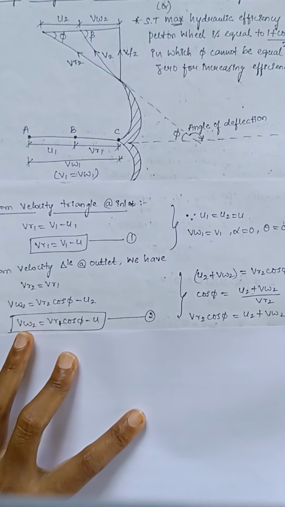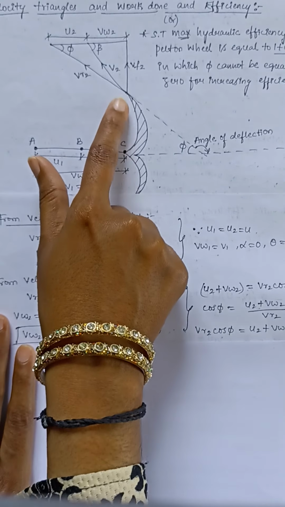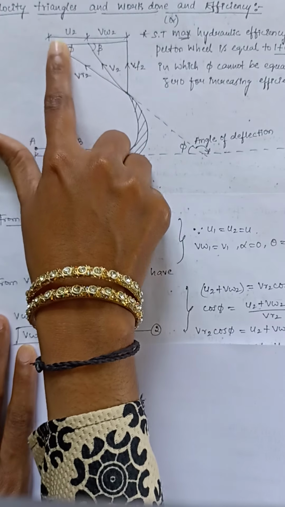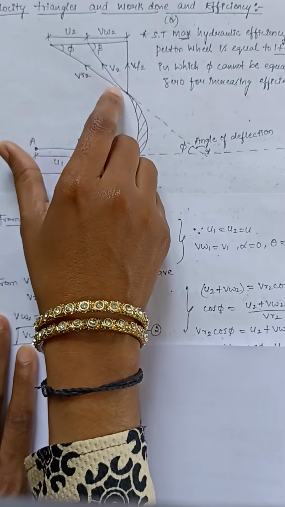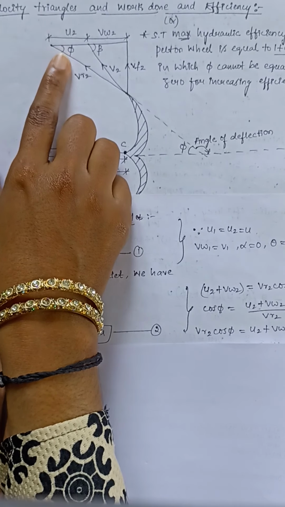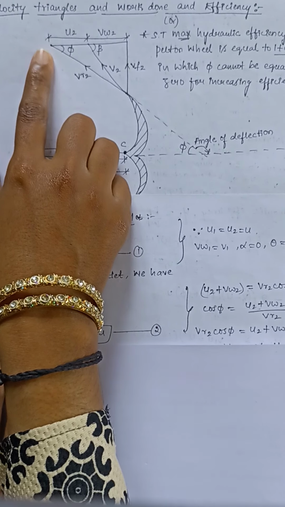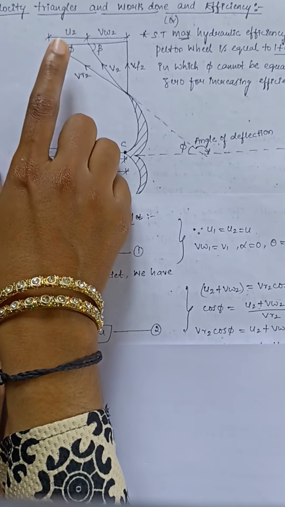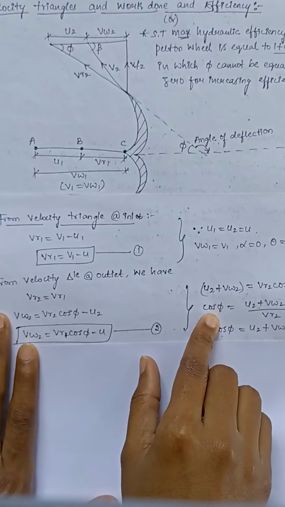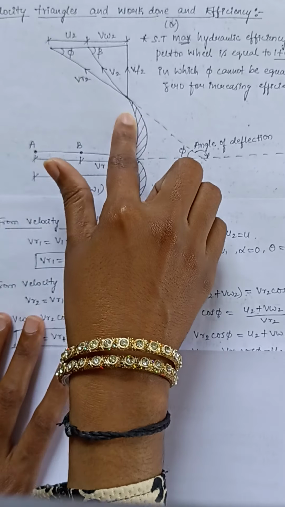Now let us consider the second velocity triangle that is acting at the outlet tip of the bucket. In this triangle, we have to refer to the outer triangle, that is the bigger one. From the outer triangle, this is the angle phi that is made at the other end of the triangle. If we apply cos for this triangle, cos phi will be written as adjacent side over hypotenuse.